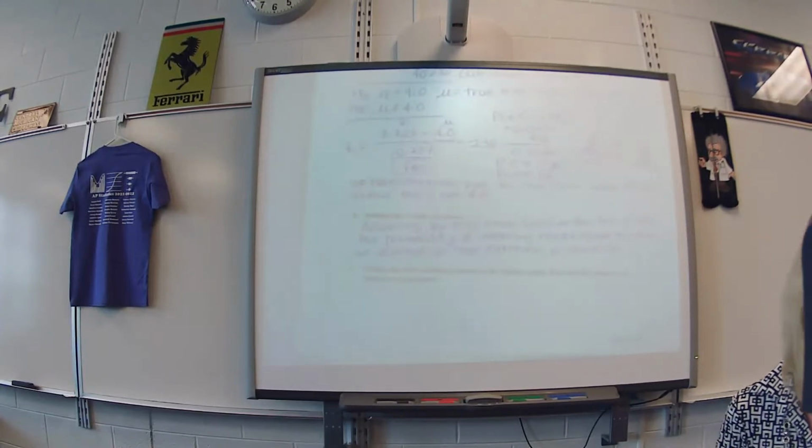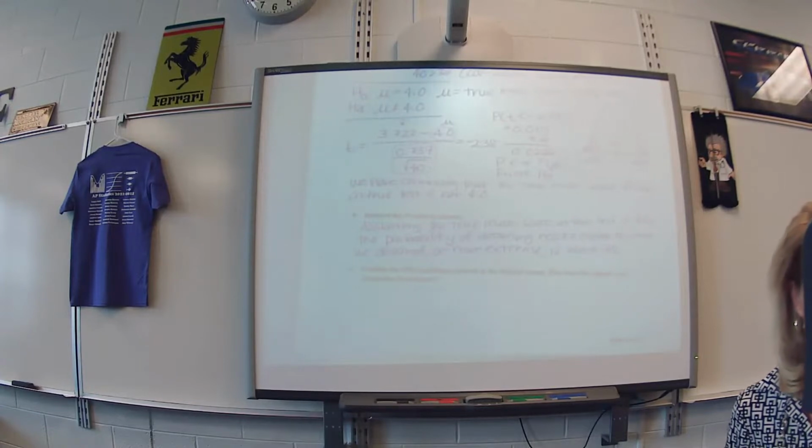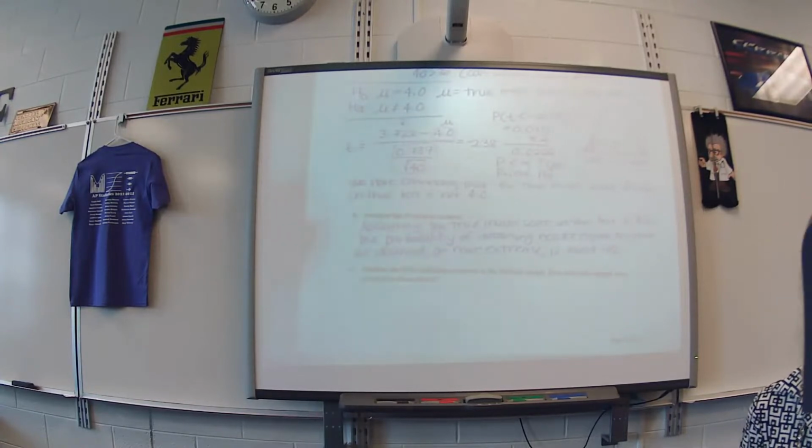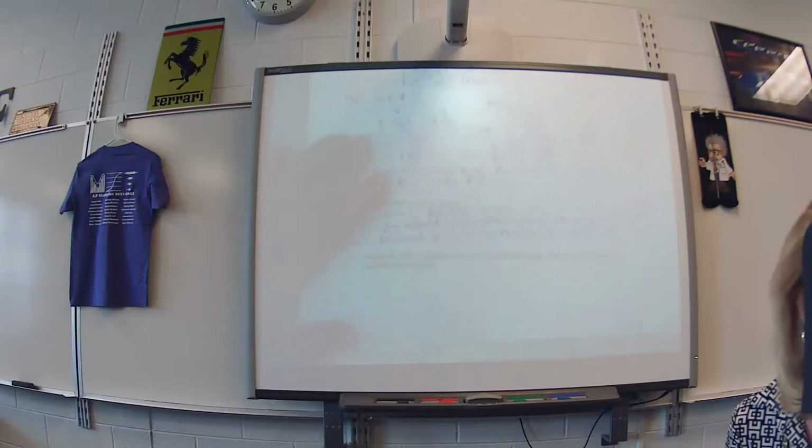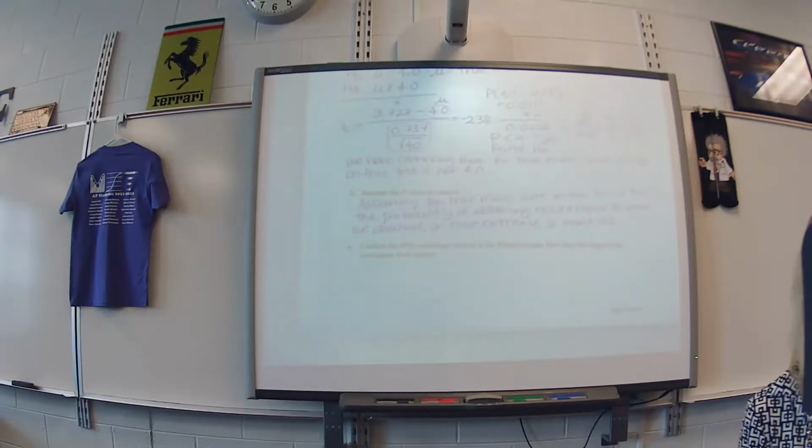Now I also put down here, confirm the 95% confidence interval in the Minitab output. Let's just review this because we should know how to do this also. All right, so a confidence interval. It's almost like pretending like you didn't know what mu was. So you take a sample and it comes in at 3.723. Plus or minus, you need a T star. Now be careful, a lot of people are like, oh, 95%, that's the one she told us to memorize.